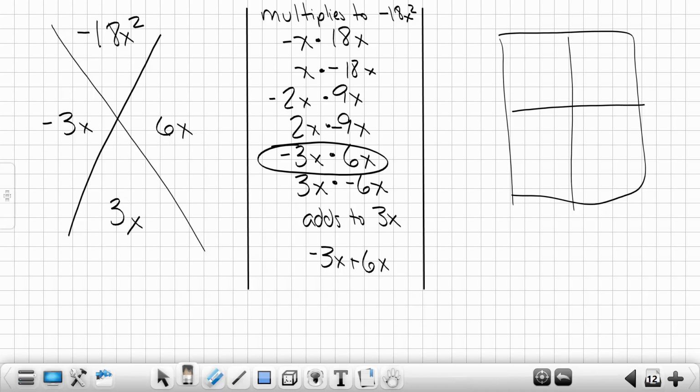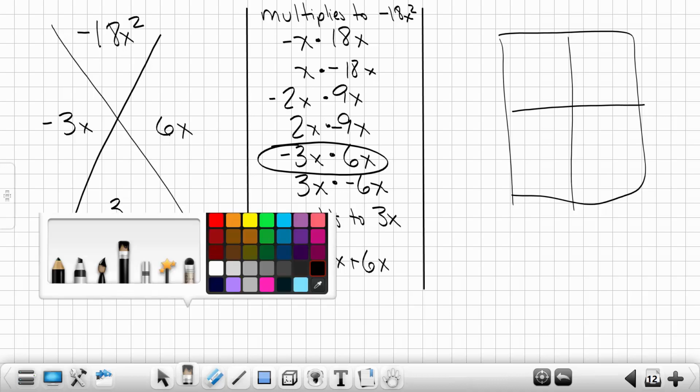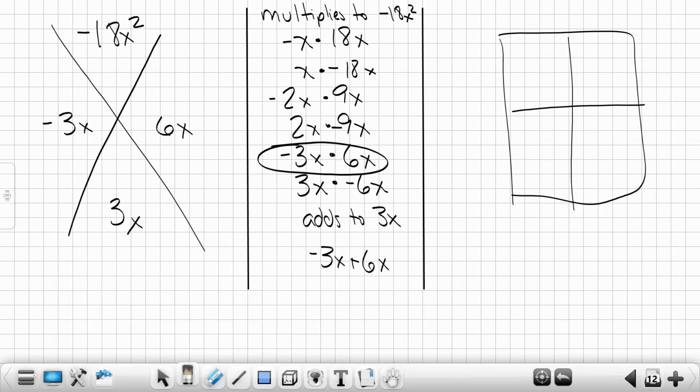All right. What goes in my top left of the box? 2x squared. Bottom right? Negative 9. This one? Negative 3x or 6x. It doesn't matter. They can alternate. Greatest common factors.